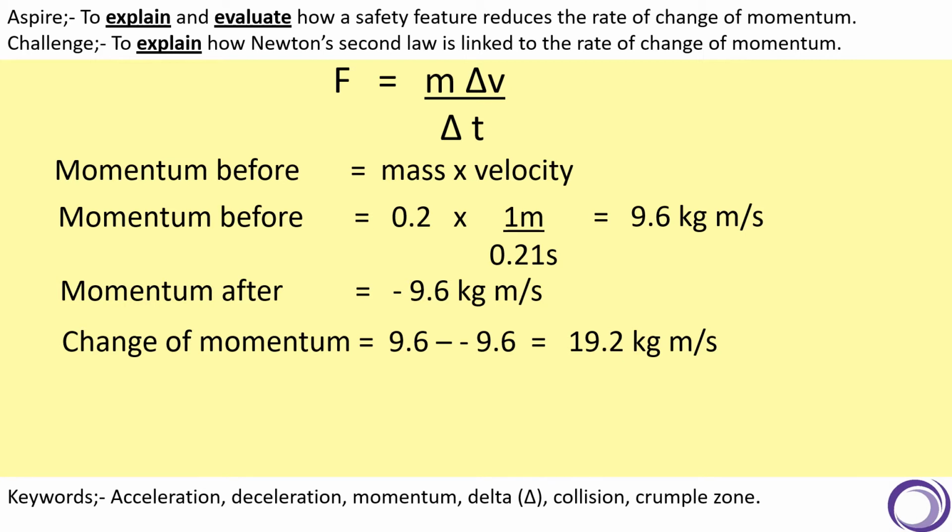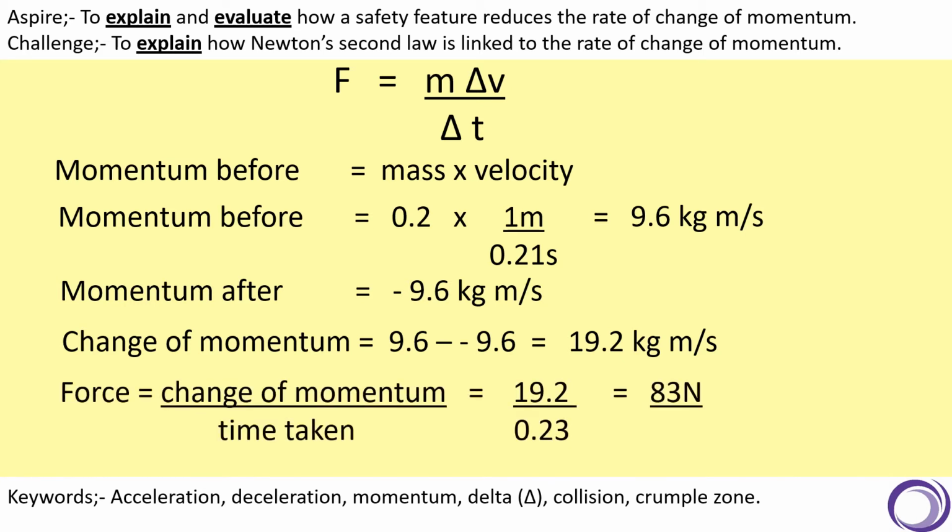Now we just need to know the time that it has taken place over. What I did was play this in slow motion and work out, by freeze framing, that the time it was in contact with the rubber band is 0.23 seconds. So the momentum has changed 19.2 kilogram metres per second in 0.23 seconds. 19.2 divided by 0.23 gives 83 newtons.